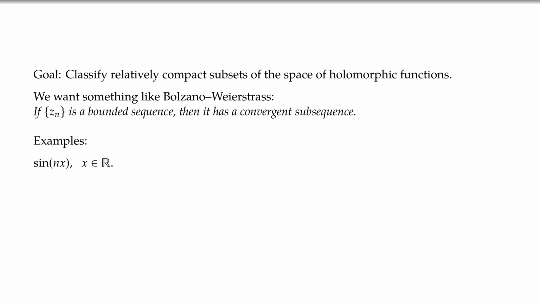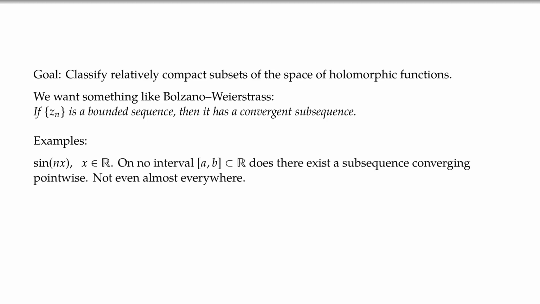So let's look at just a couple of examples for continuous functions of some real variables. So, for example, sine of n times x. It's a sequence of functions defined on the real line, and they're bounded, right? It's less than or equal to 1 in absolute value.